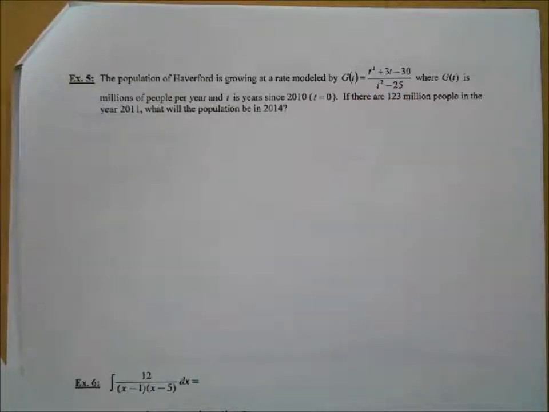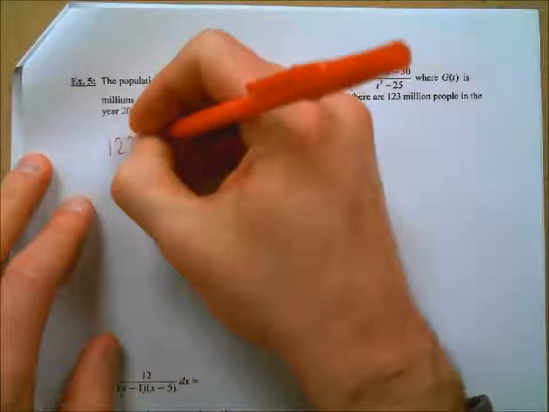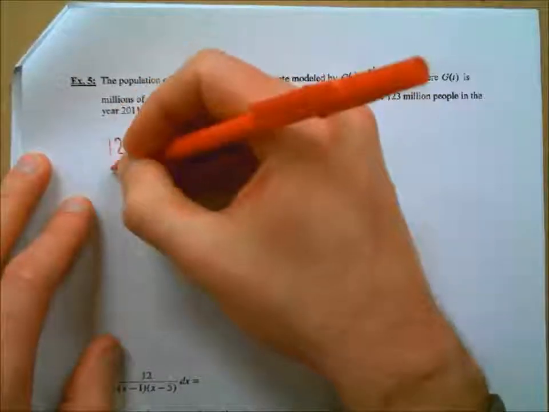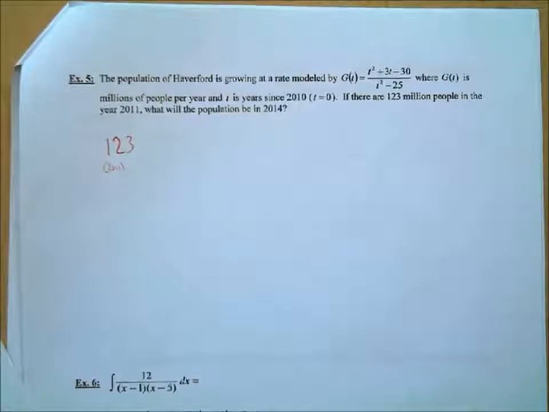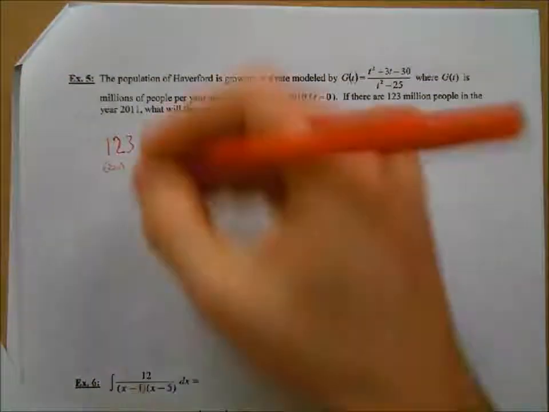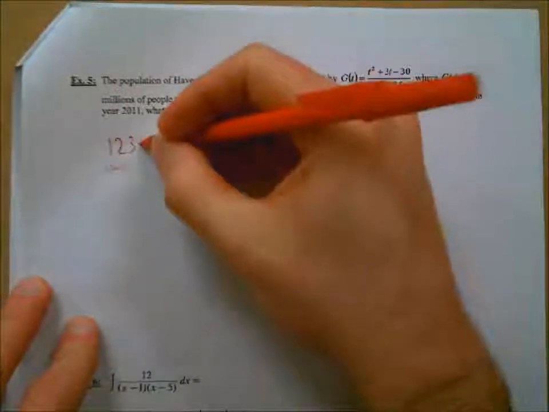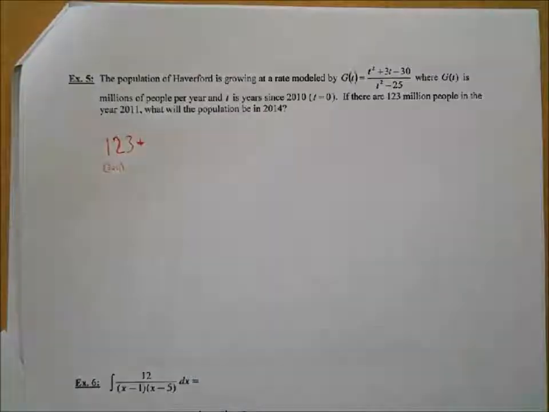All right. So we're going to start with the population in year 2011, and they're going to add to that the net change in the population. How do we take the net change if we're given a rate here?